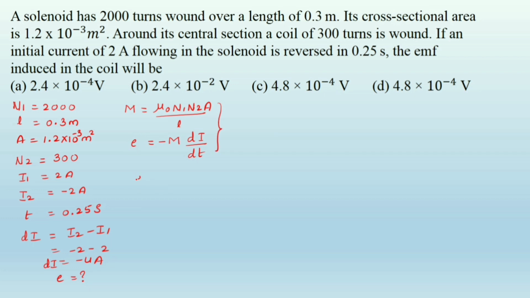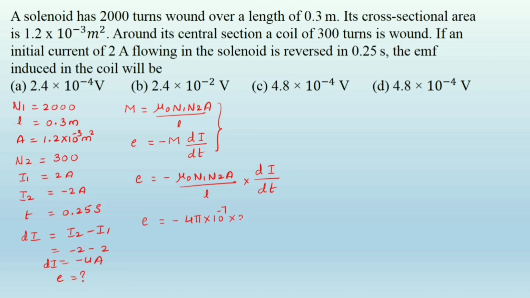E equals minus, in place of M, I can write the first equation, mu naught N1 N2 A divided by L, into di divided by dt. Now we know all the values, substitute here, so we can get the induced EMF. E equals minus mu naught, the absolute permeability, that is 4 pi into 10 raised to minus 7.